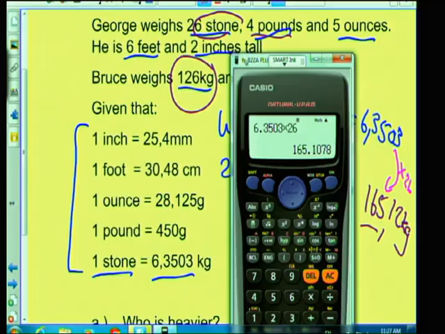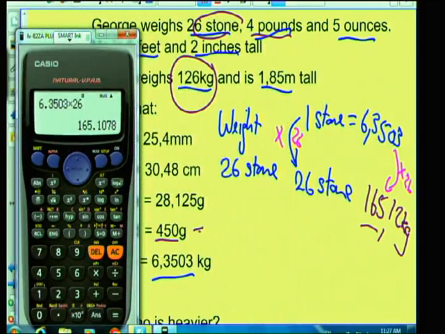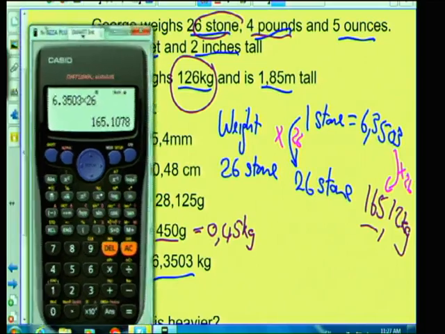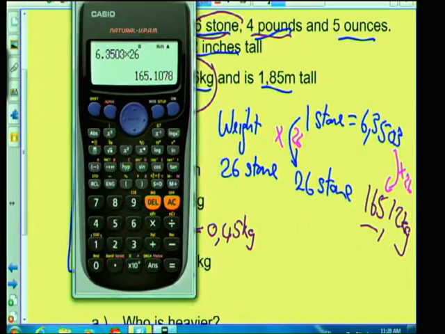The next part, though, is the 4 pounds. So what does it tell me? 1 pound is 450 grams. I'm going to change that and make it 0.45 kilograms, because I want to change pounds into kilograms. So 1 pound is 0.45 kilograms.